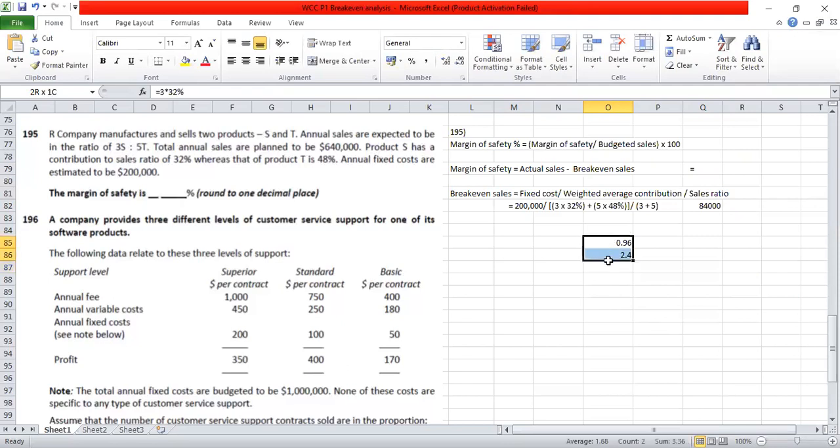Ma'am, I'm getting the break-even as 476,190. I might have made a mistake. That's why I'm verifying, because it cannot be this low, the 640 and this is only 84.